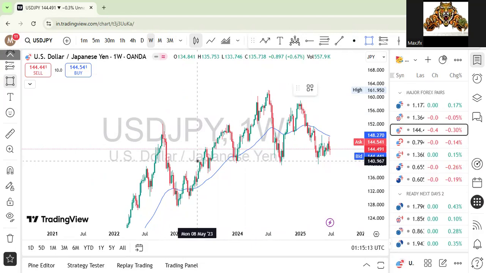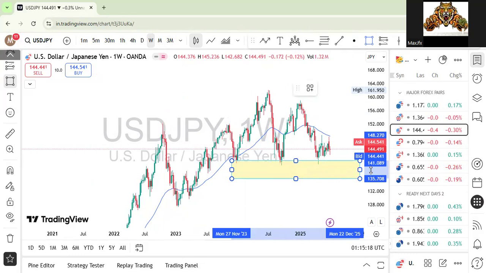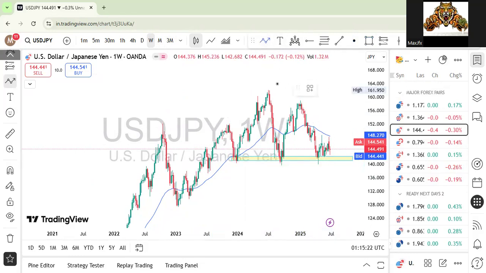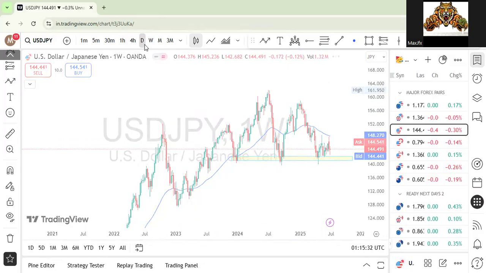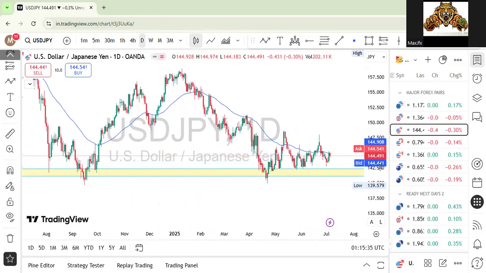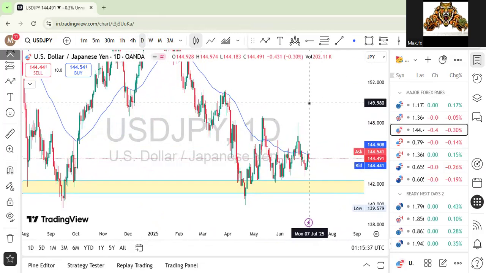So on the weekly, you can see this very strong zone. You can see our first touch, second touch, and our third touch right here. So on the daily, again, if you see the EMA in between price, you have to be very, very careful.